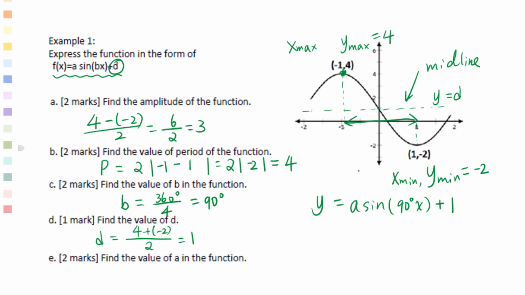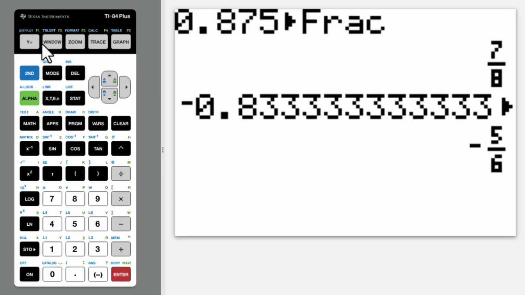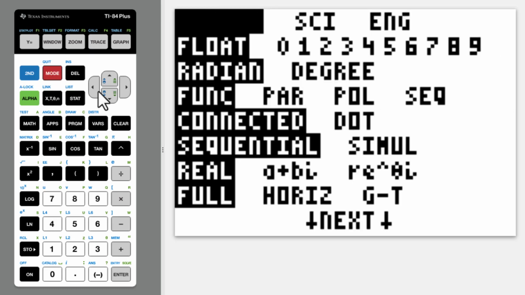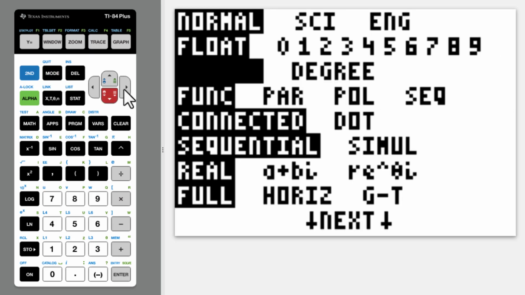We use the maximum point this time, -1, 4. Substitute -1 for x, 4 for y. We will get 4 equals a sine -90 degree plus 1. Make sure your calculator change mode into degree.